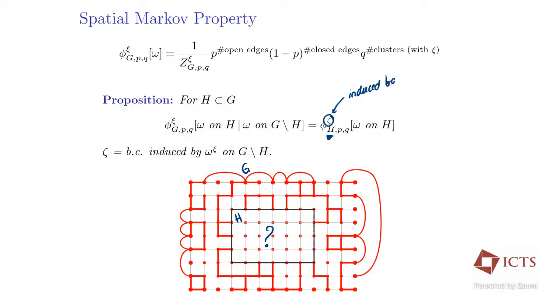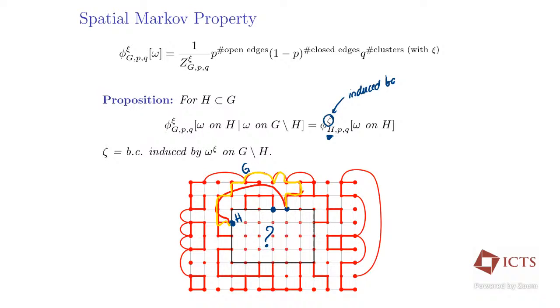So for instance, this vertex and this vertex in the boundary conditions, they are disconnected, but this vertex and, let me see which other, this vertex, these are connected via here, like this. Okay, so you take these boundary conditions and that's what you get. That's the marginal of this conditional measure in H.